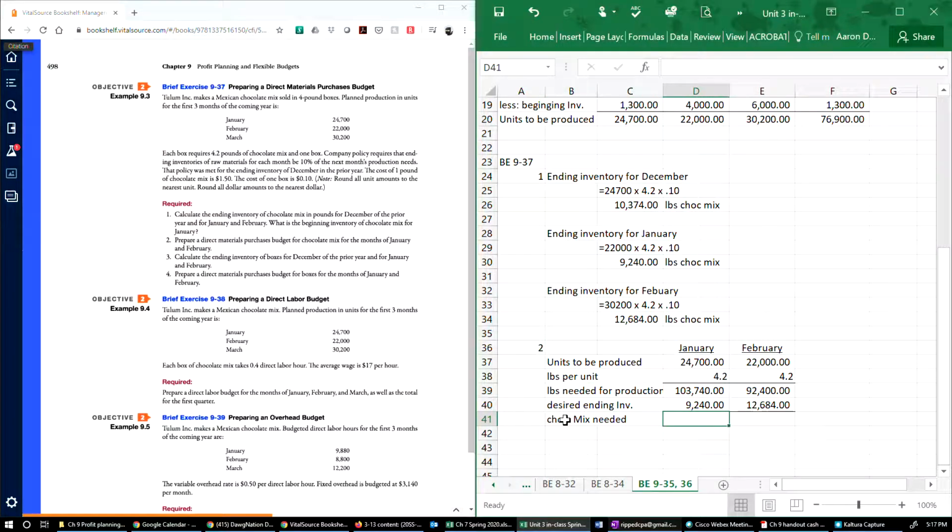Chocolate mix needed. All right, I'm going to back out beginning inventory because if you already had it in stock, you don't need to purchase it again.